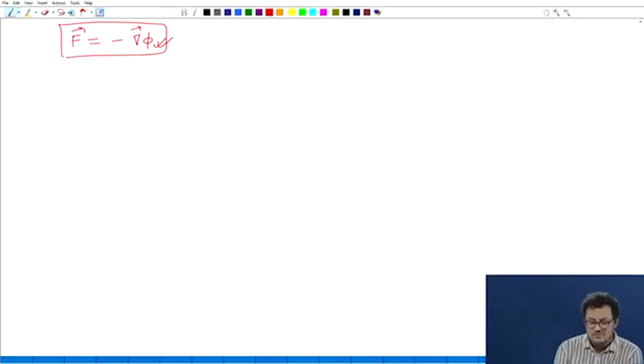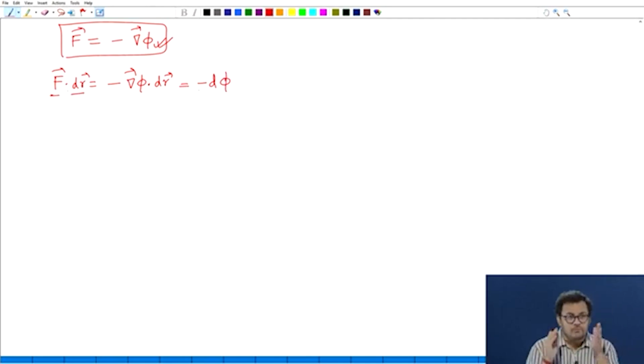F dot dr will be simply equal to minus gradient of phi dot dr, and by definition this is nothing but minus d phi. If you have your force field, dot it with dr and cast the whole thing as d of a function, then you are done.